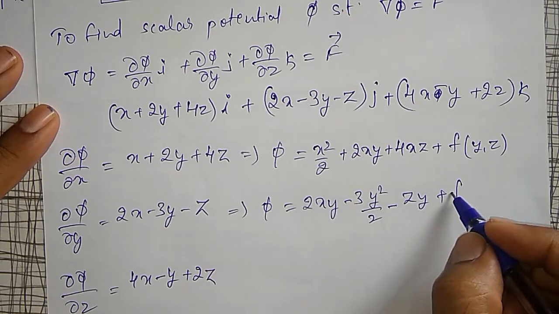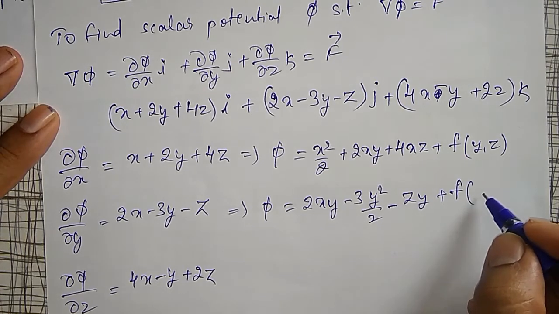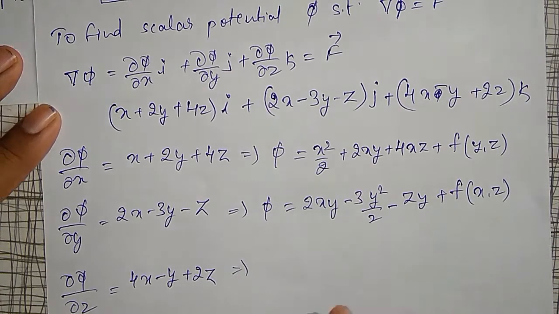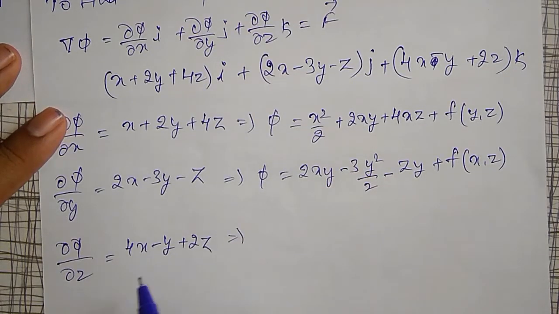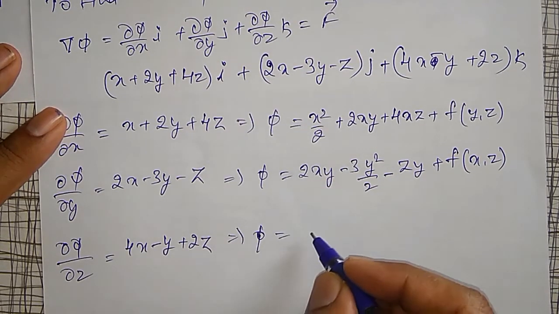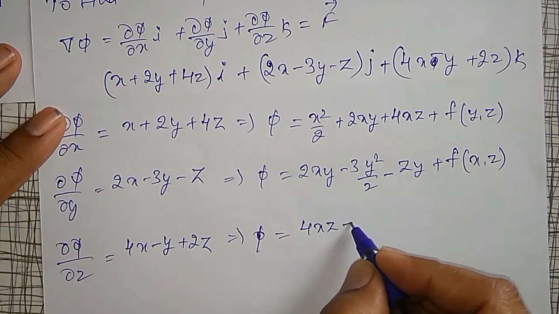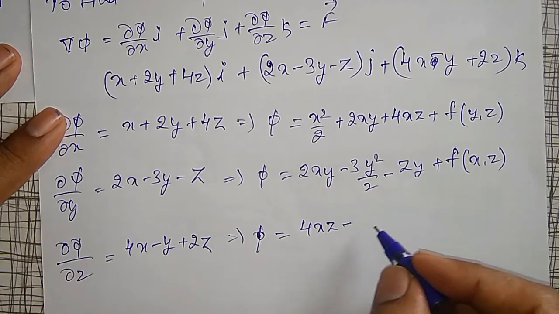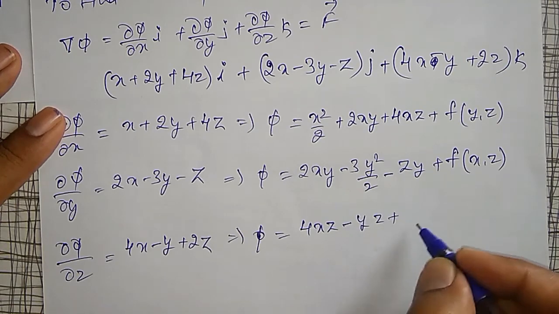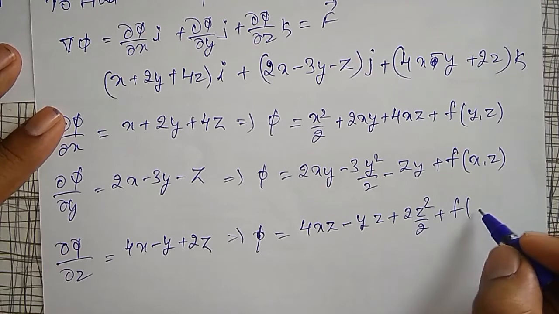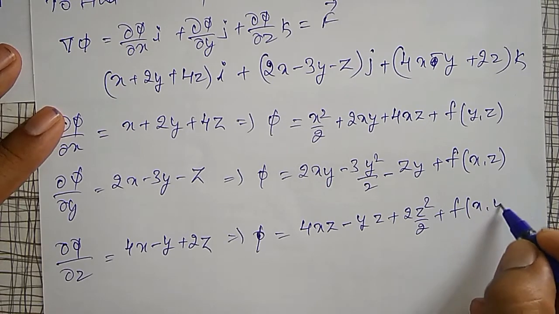Similarly, integrating this one with respect to z, we get phi is equal to 4xz minus yz plus 2z square divided by 2 plus some function of xy.